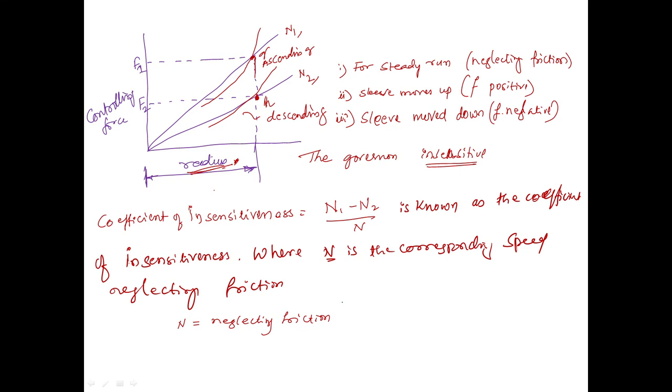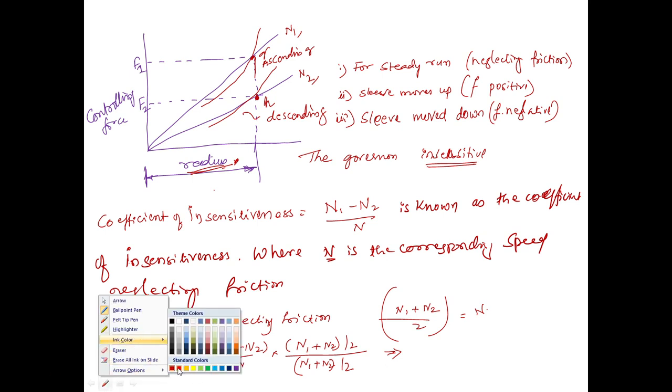Otherwise, just consider n1 plus n2 divided by 2 equal to n. Now what I do is multiply n1 minus n2 divided by n by n1 plus n2 divided by 2 in numerator as well as in denominator. Now what equation are you going to get here? Can anyone give?